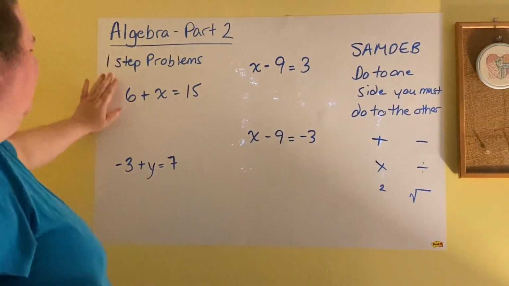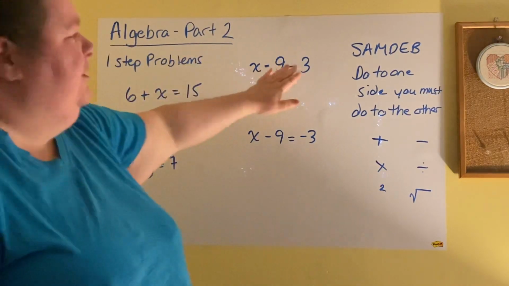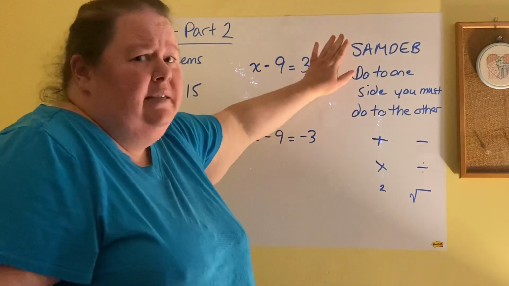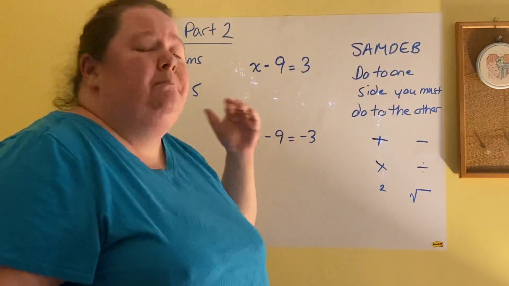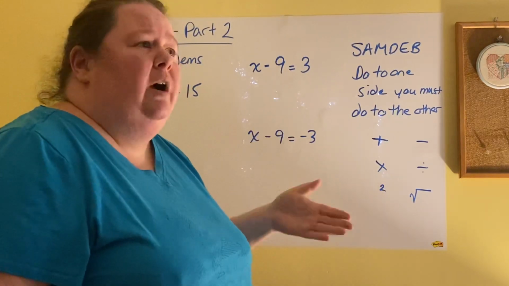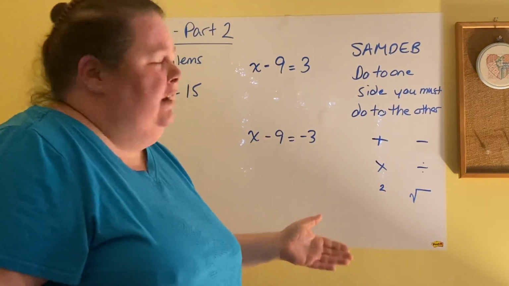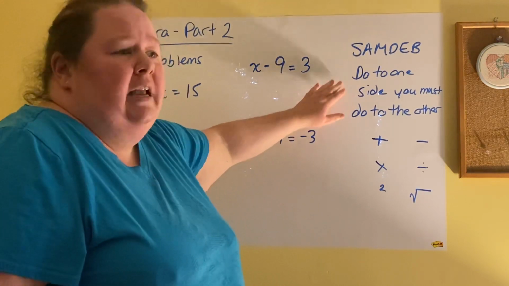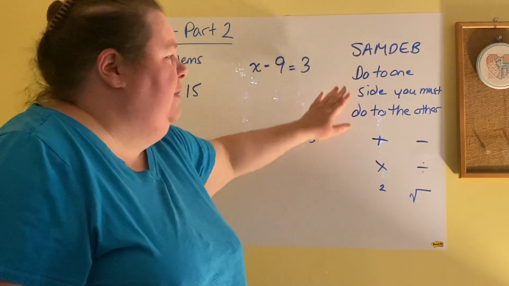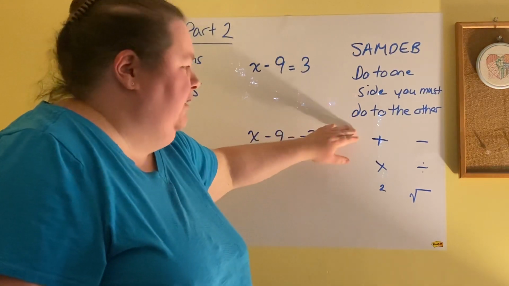Okay, so first things first, just a reminder, SAMDEB applies when you're solving for variables because you're working backwards to try and find what the value of the variable is. And the key is you also have to do the same thing to both sides. So do to one side the same thing to the other.